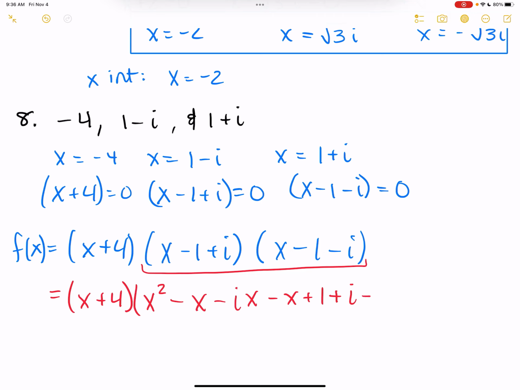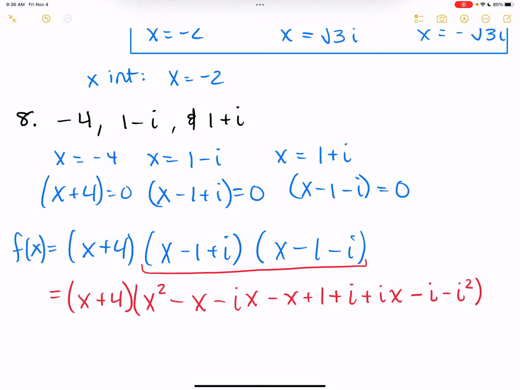And then plus ix, not 1x. It was plus ix minus i squared. That's okay, Josh. You got halfway there.